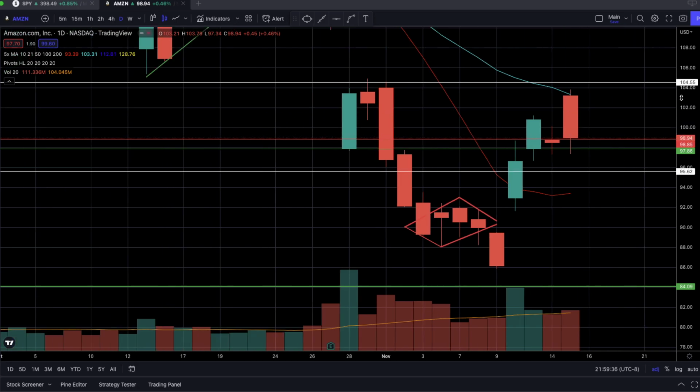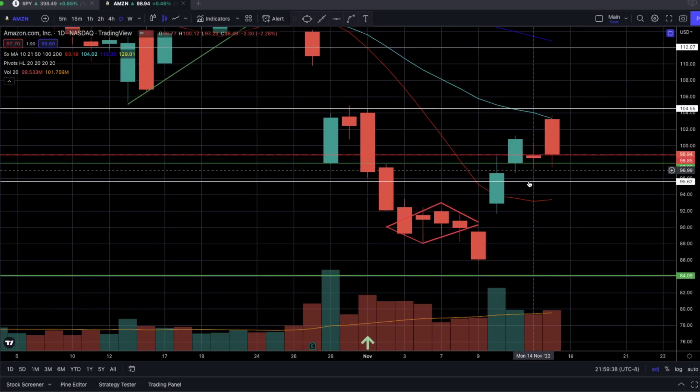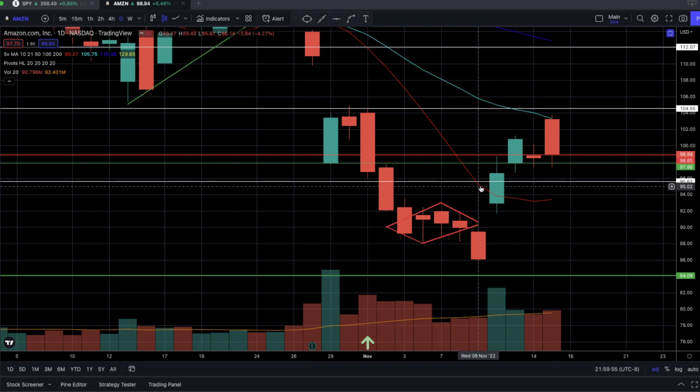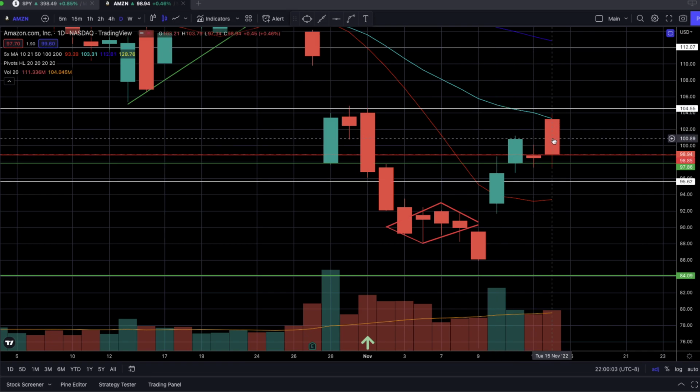And so whenever we get the price retesting, remounting, and then holding above the 10 SMA, we tend to get a retest of the 21 SMA next. And that tends to happen if the price continues to consolidate between the 10 and 21. And guess what? That's what we got today.